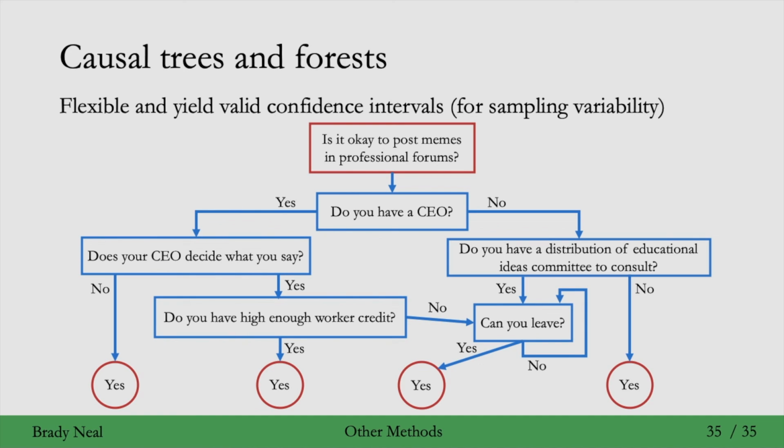This interval is supposed to encompass sampling variability. It's not supposed to encompass things like what would happen if we had unobserved confounding, which is what we'll see next week. And we're lucky enough to have Susan Athey, one of the researchers who developed these methods, give a guest talk in this course on causal trees and causal forests. That will be the next talk in the course.